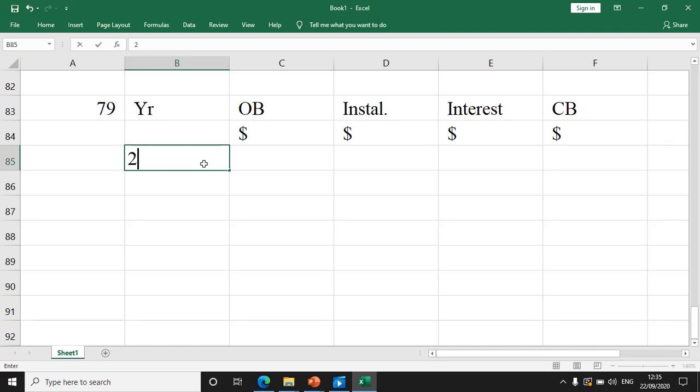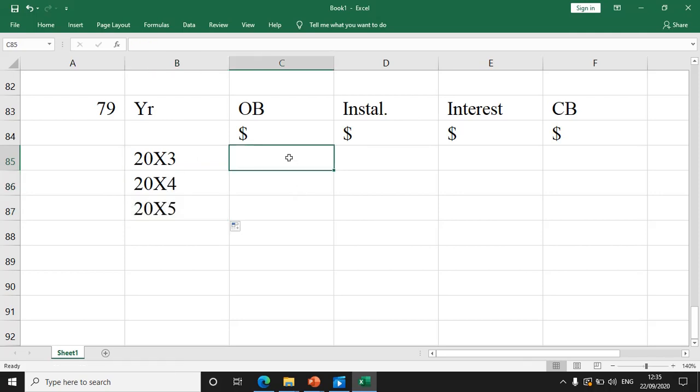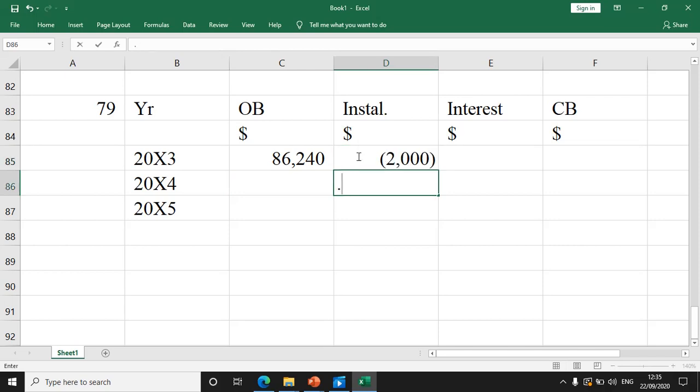Say 20X3, and then we drag down. I think we have got that. Starting with 86, that is the minimum lease payment. Alright, installment in this case is minus 20,000, and then I think I need to add another 0 there, and then we are told interest.